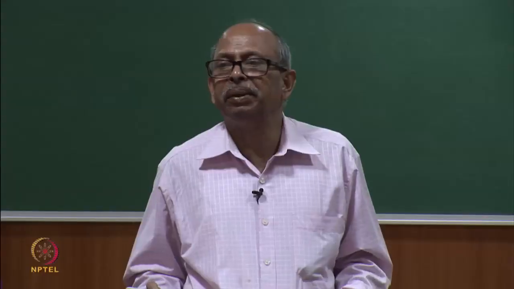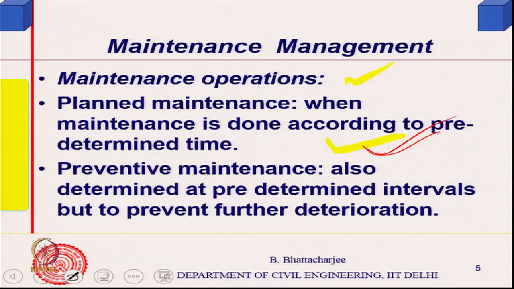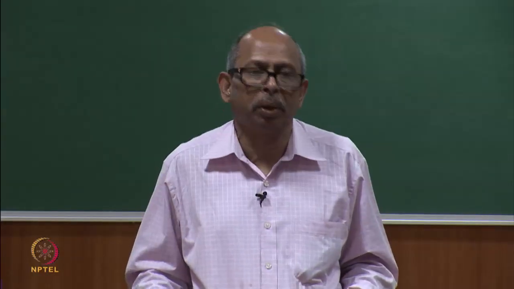So, you actually fix the time, and also a predetermined interval, but this is not necessarily related to deterioration. Planned maintenance will involve a lot of preventive maintenance, so that future deterioration does not occur.